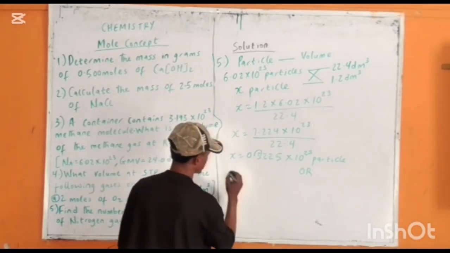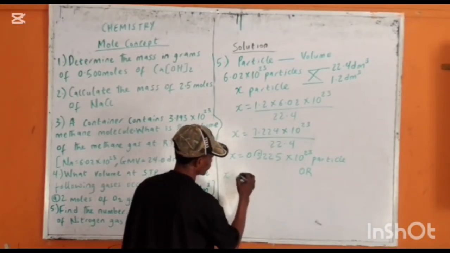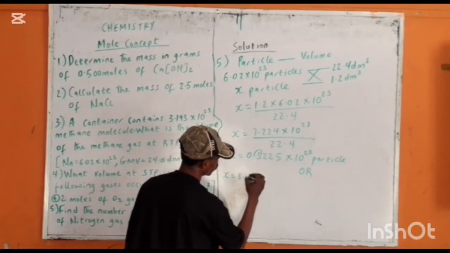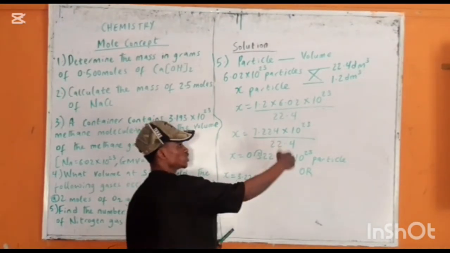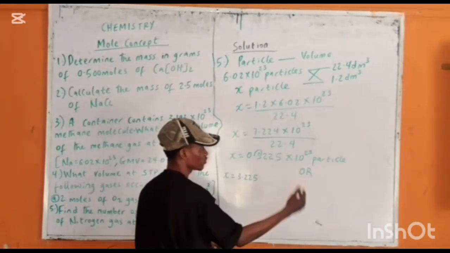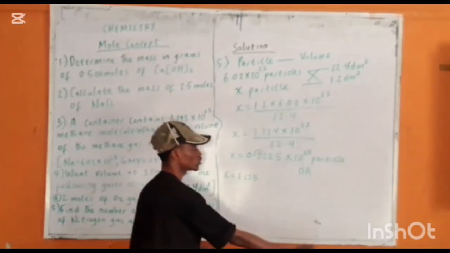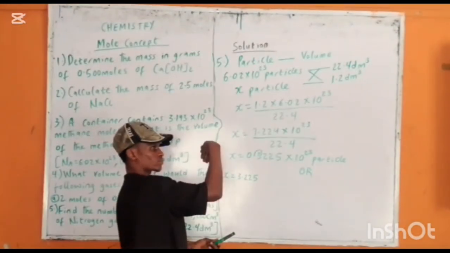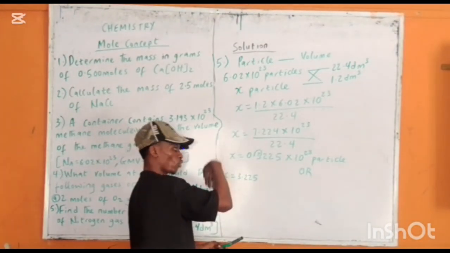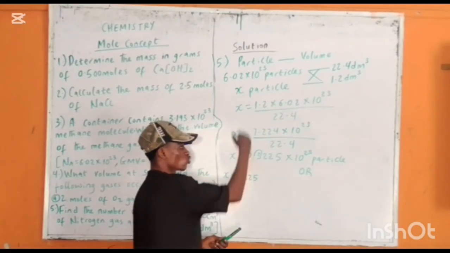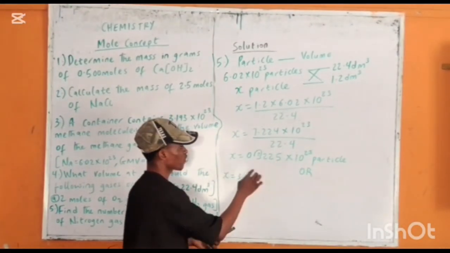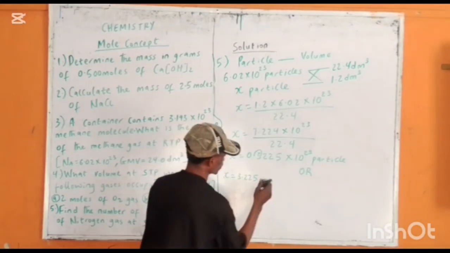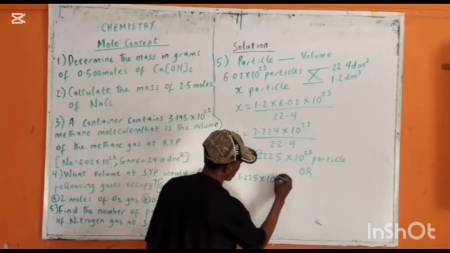So that will be x equals to 3.225. If you are moving your point towards this way, it will be negative. If you are moving your point towards this way, that will be positive. So I'm moving towards this side, that will be negative. But how many times did I move? I moved just once. That will be times 10 raised to the power minus 1.